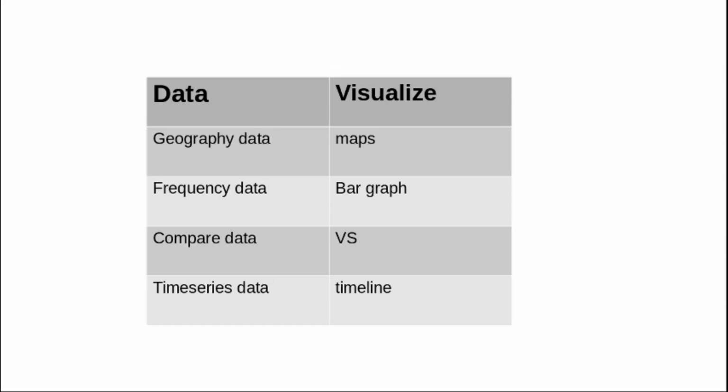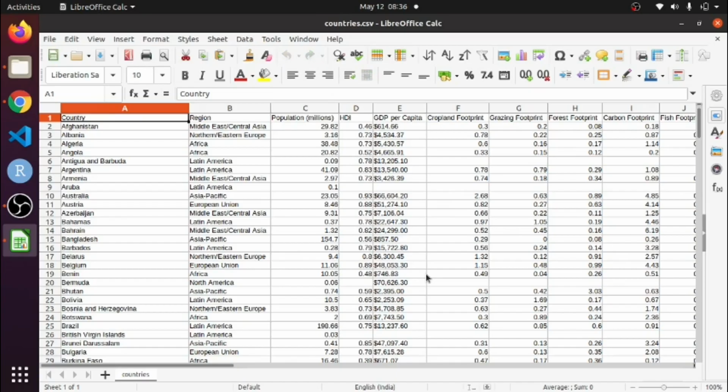So this is the data and this is the visualization. Suppose we have geography data, then we visualize this data by making maps. Similarly, for frequency data or comparison data, where we compare something to something else. I hope you now get a basic understanding of the variables.